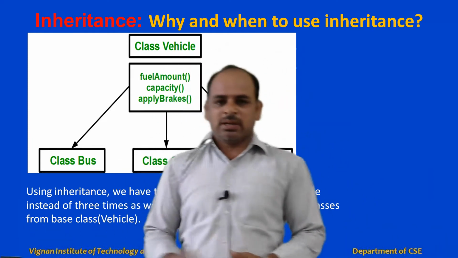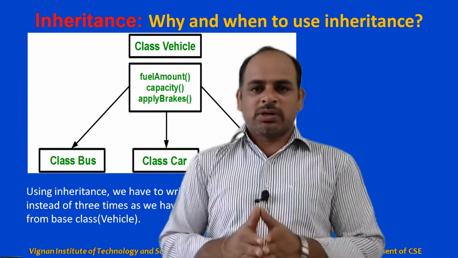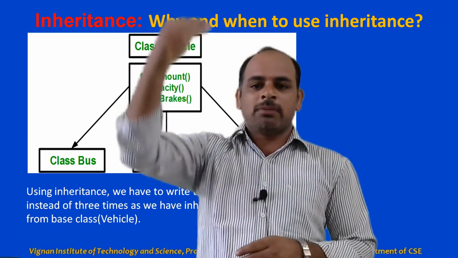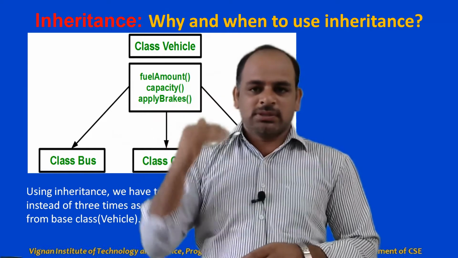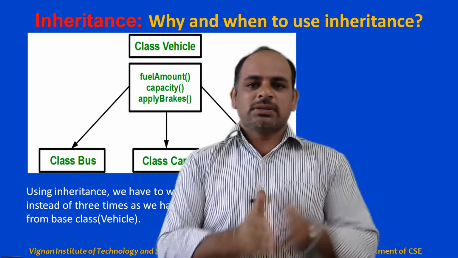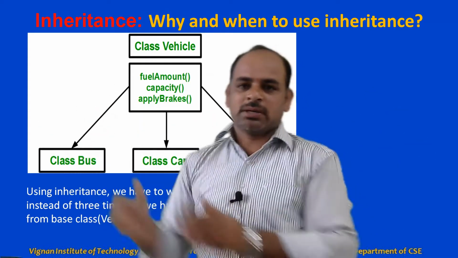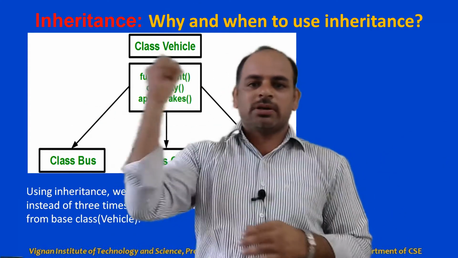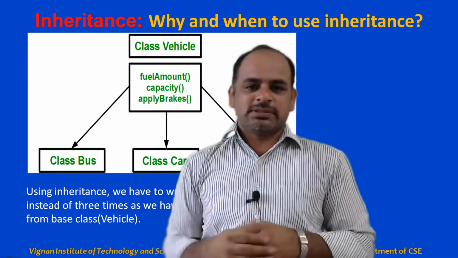Similarly, you can create this for anything. Suppose, for example, you take a student, right? You can create a class for the student. Every student will have the common properties: student number, student name, student address, like this. But when you divide the students into a number of branches, ECE student, CSC student, civil student, IT student, mechanical student, the subjects may be different, but every student will have a hall ticket number, name, and some address, all these things in common.